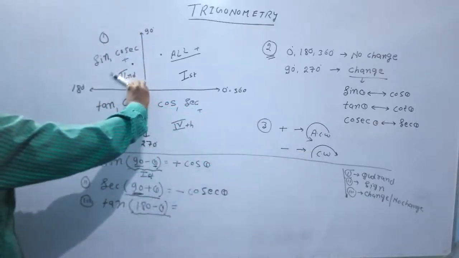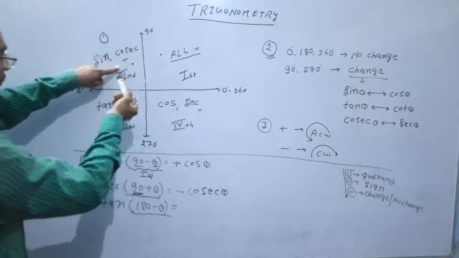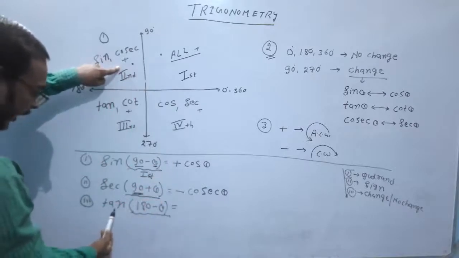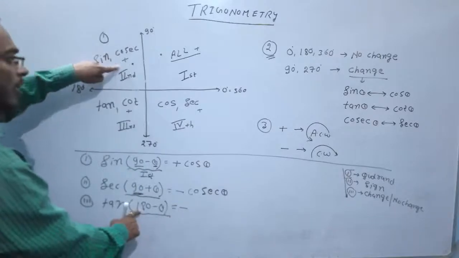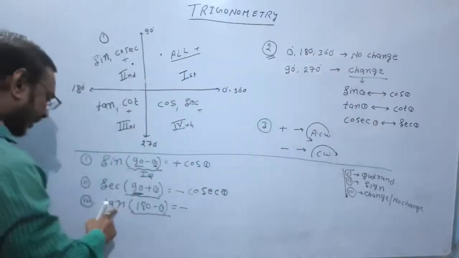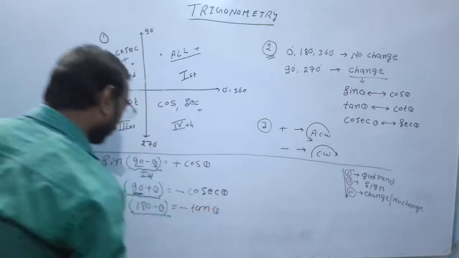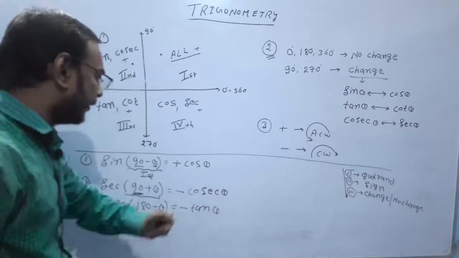So we move clockwise and we reach the second quadrant. In the second quadrant sine and cosec are positive, the rest are negative. So for tan, we take a minus sign. 180, here 180, that means no change. No change means tan, we usually write here theta. So the value of tan 180 minus theta is equal to minus tan theta.